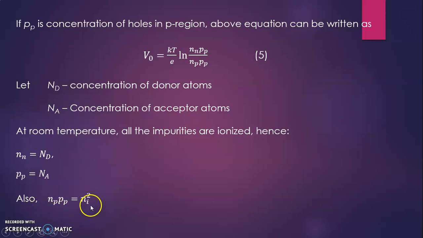So this equation number 5 will be modified as V naught is equal to kT upon e ln of capital N suffix D into capital N suffix A divided by Ni square.